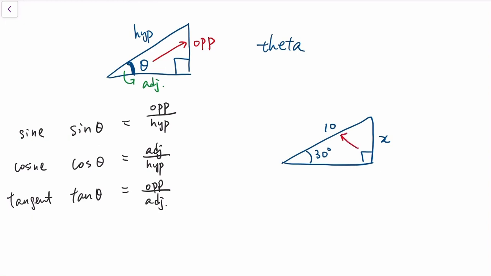That side is opposite to the right angle, so that's the hypotenuse. And what's the side that they want? The side that they want is opposite to the angle that they're focusing on, so that's the opposite. Then you try to think which of the trigonometric functions have opposite and hypotenuse in it. Well, opposite and hypotenuse, that's sine.